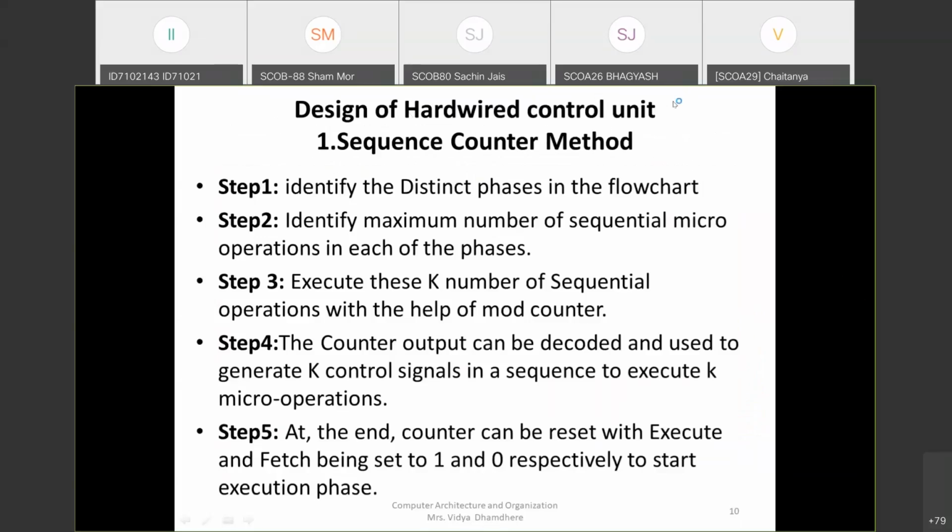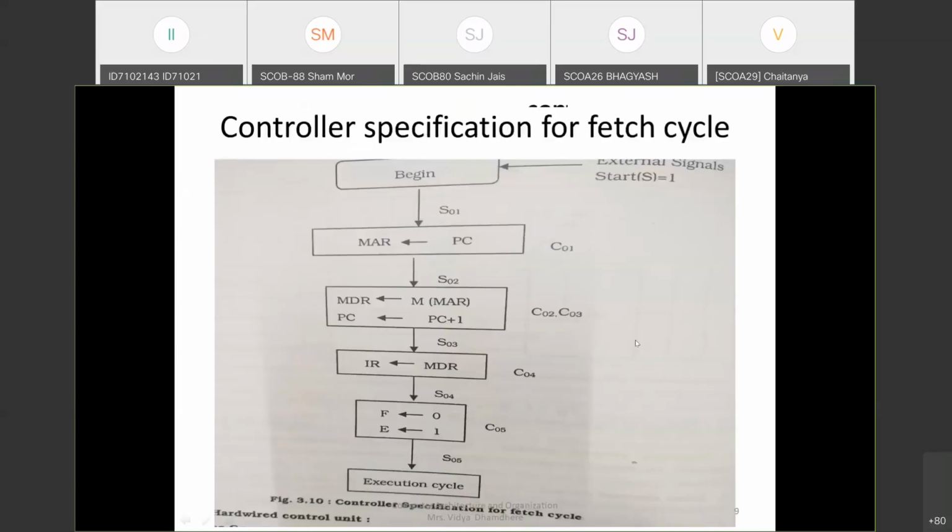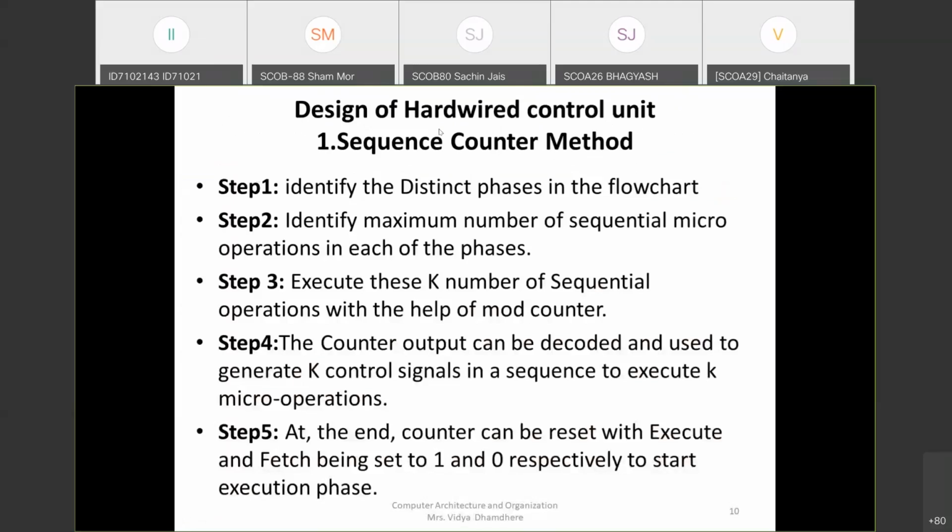As in the previous diagram itself, I have mentioned that the operations which we perform on this diagram are all represented in the form of sequence number and counter. The same operations, whatever I have explained theoretically, are mentioned in this next PPT in the form of steps. First step: identify the distinct phases in the flowchart. That means we need to identify the different operations, each operation separately.